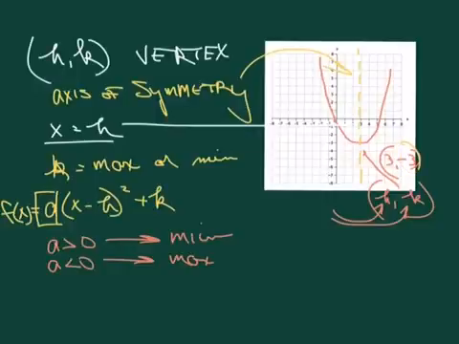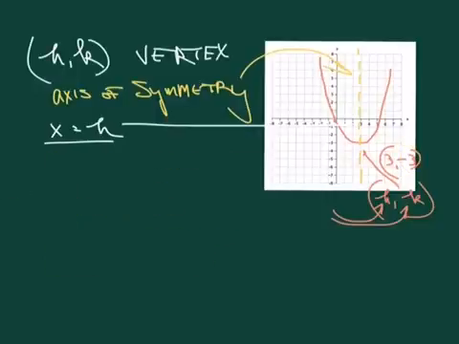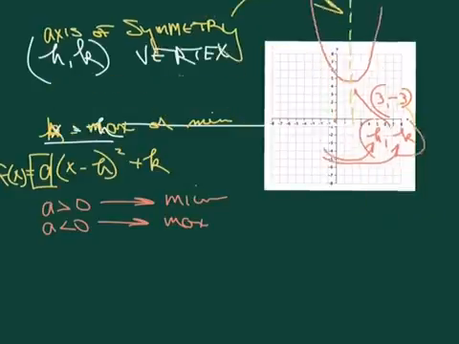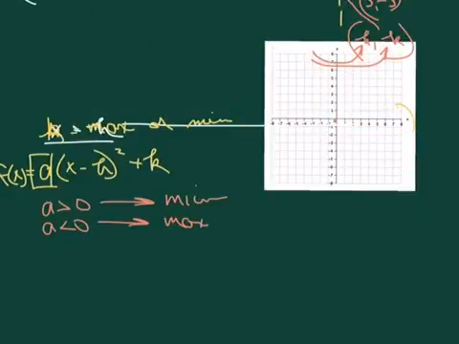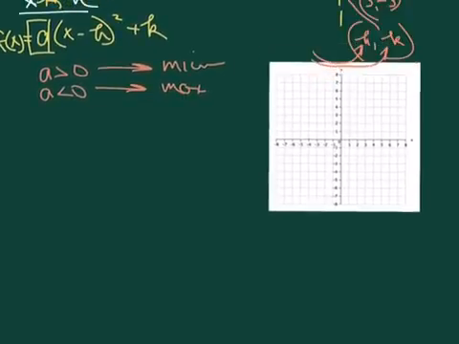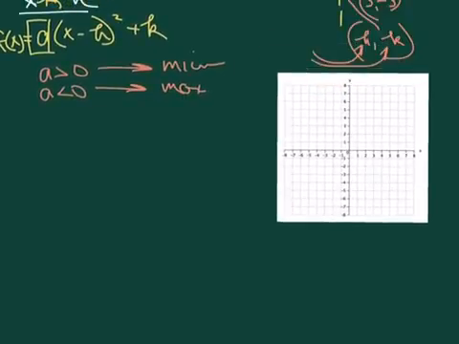Let's see if I can get rid of all right, let's move everything out of here. There we go. Okay, so if we have a is greater than 0, then we have a minimum. That means our graph is going to be like that, has a minimum value.